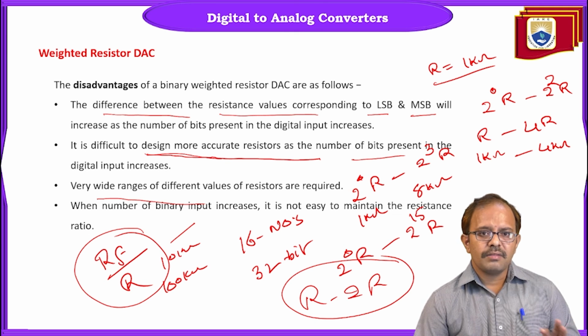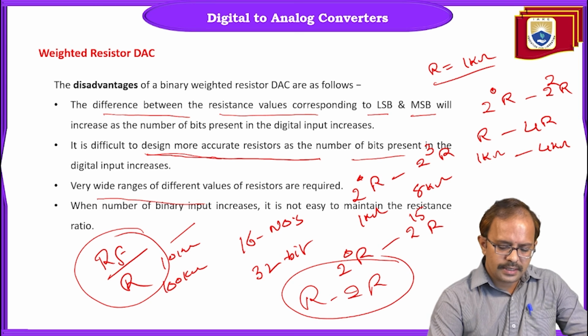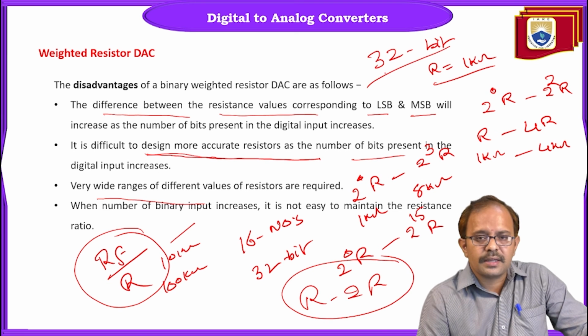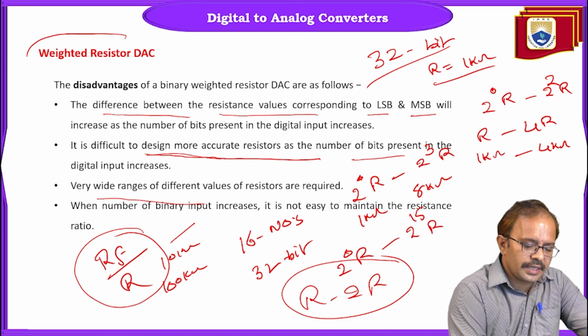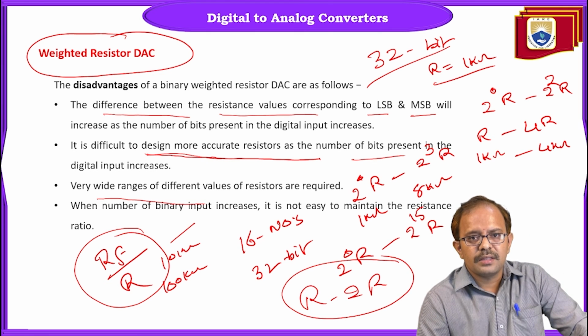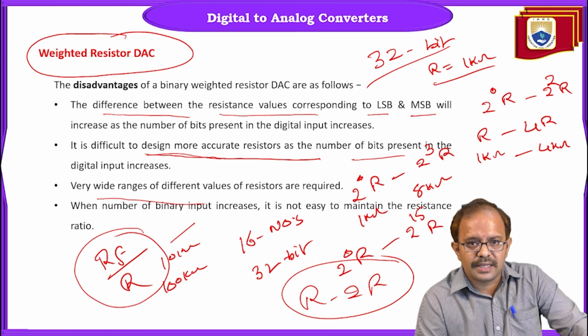For 3-bit, 4-bit, 8-bit data, it can be tolerable. So what happens if I am going to design a 32-bit DAC? If I want to design a 32-bit DAC using this weighted resistor design, this is a very challenging task, right? So these are the major issues with this design.